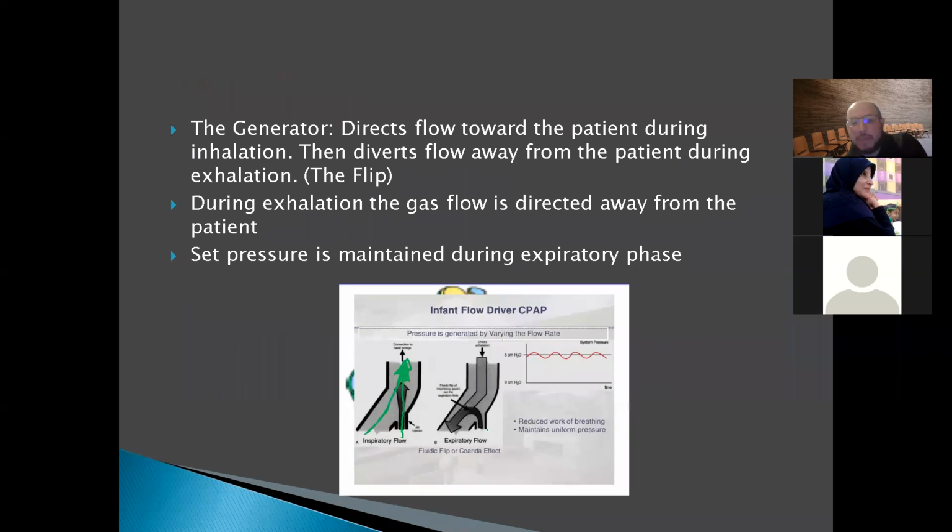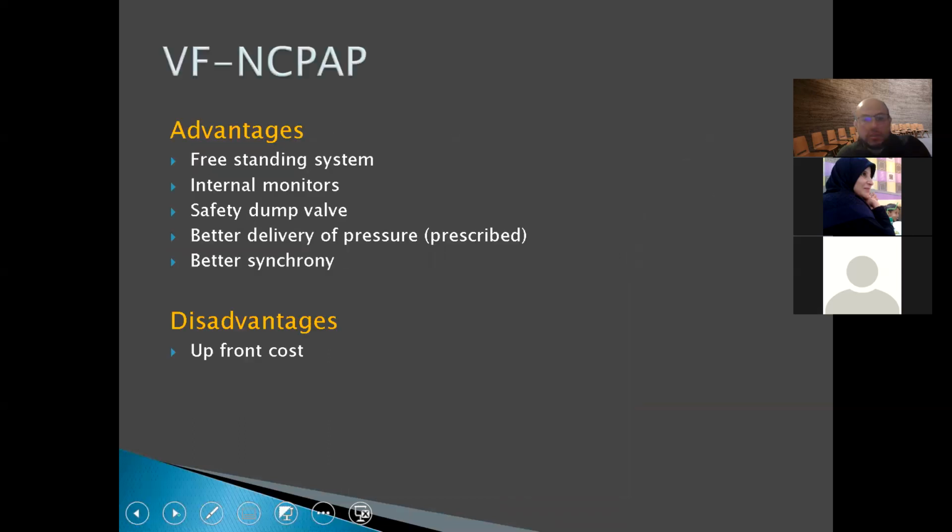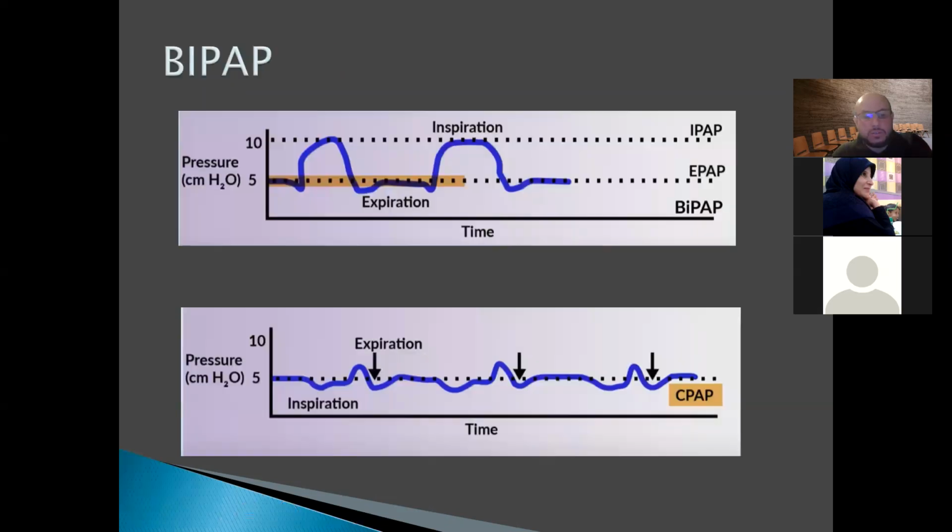During expiration, it has a flip, so the flow comes out and does not interfere with the baby. So it's more friendly to use. It has a monitor built in, a freestanding system, so it's easy to manipulate. Internal monitor, that's good.